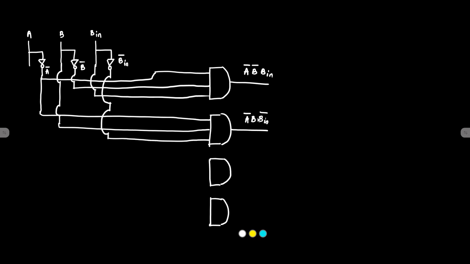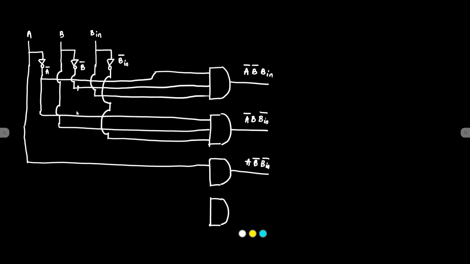Let's say this one is A, B bar, B in bar. So we'll take A, we'll take B bar.